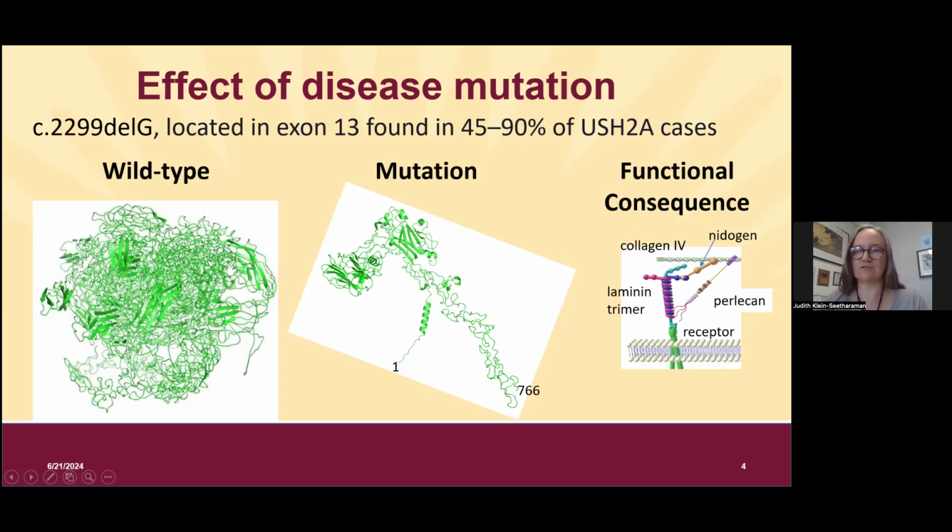And so what you can see here on the right-hand side is the potential functional consequence, because we believe that the proteinaceous parts are making contact with other important proteins of the extracellular matrix, for example, collagen. Collagen is the most abundant protein in humans and is a major component of the extracellular matrix, allowing us to connect tissues to one another and preserving their stability.